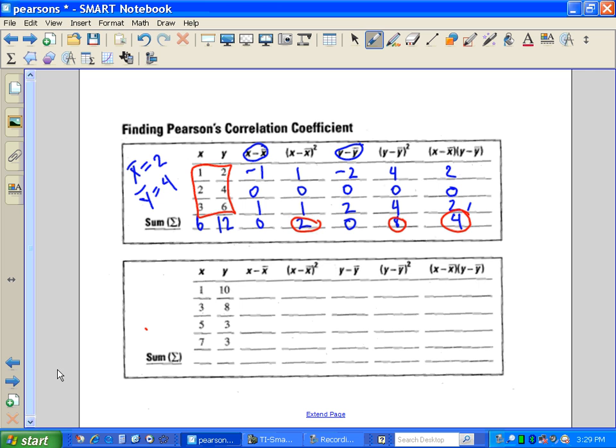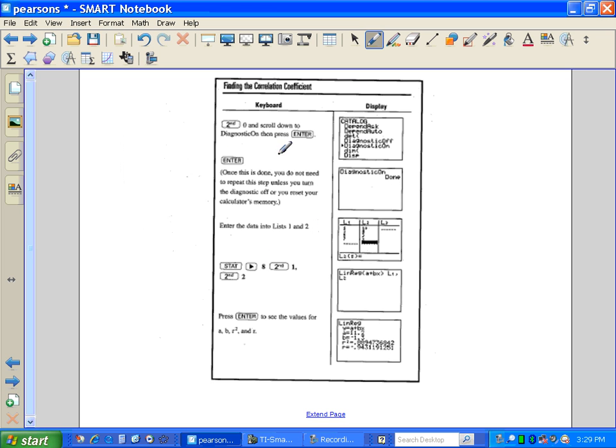So you may be pleased to know that there is a tech tip on how to do Pearson's correlation coefficient on the graphing calculator. Hooray. So what I want to do is show you how to do this with the graphing calculator, and in class you'll get a copy of this tech tip so that you'll be able to follow along on your own.